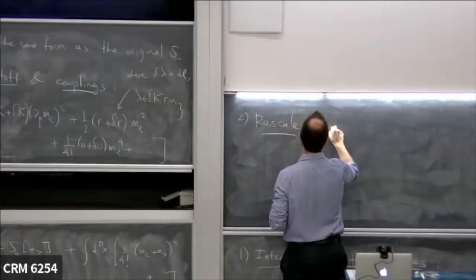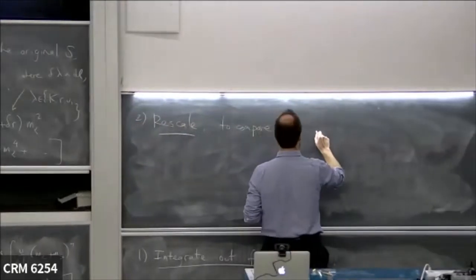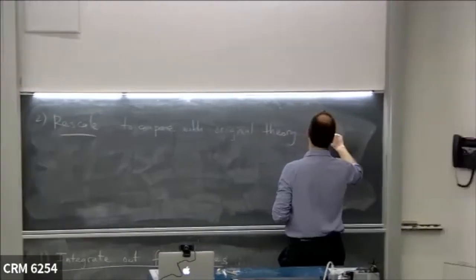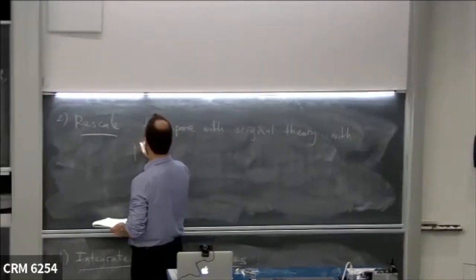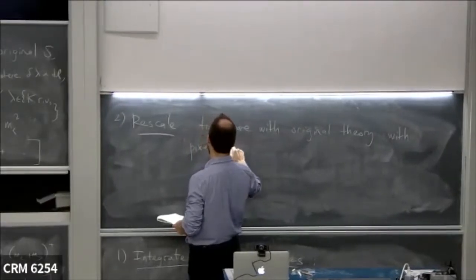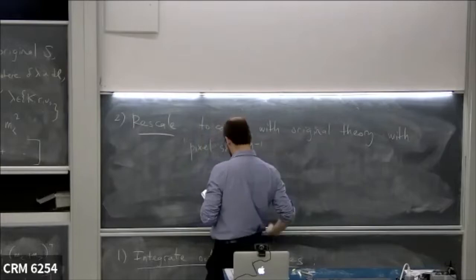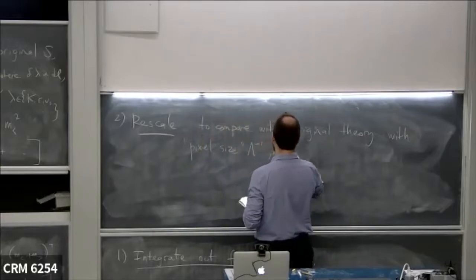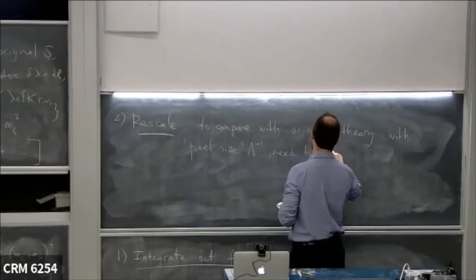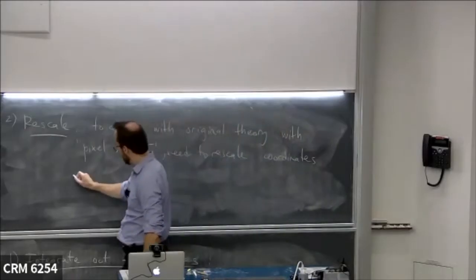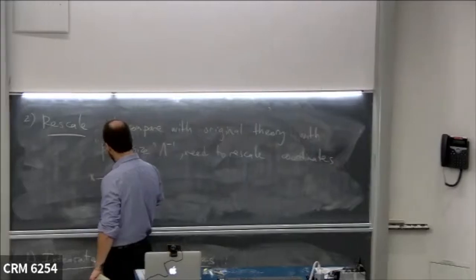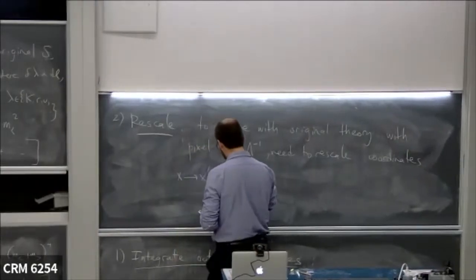So to compare with the original theory with cutoff, or if you will, a pixel size lambda inverse, we need to rescale the coordinates. We'll rescale x to x prime equals x over b.